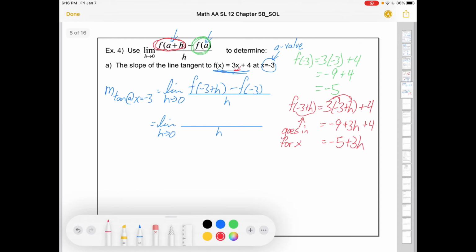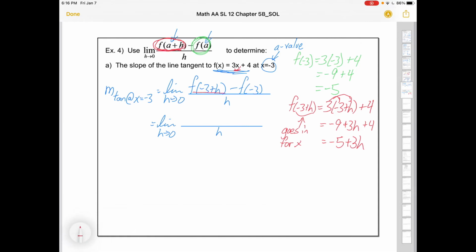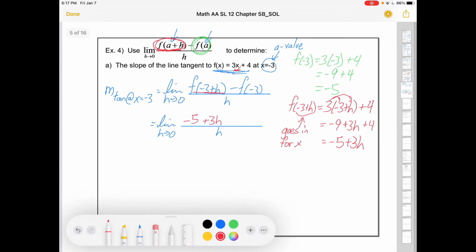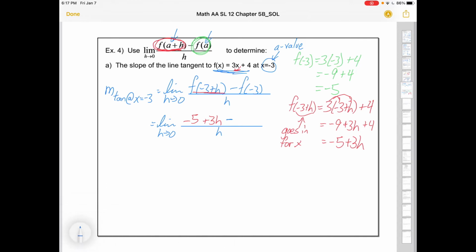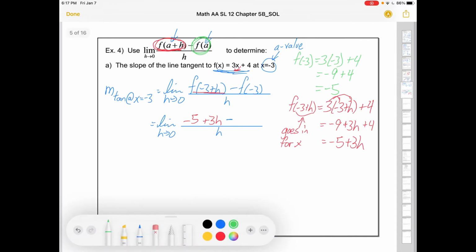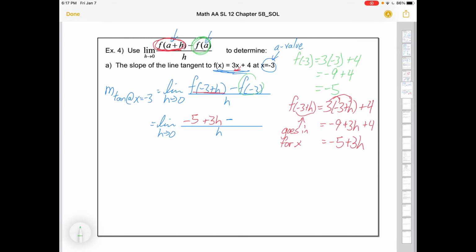So in red, I have this f of negative 3 plus h, so that is negative 5 plus 3h. And then in green, I have this f of negative 3, which is negative 5. Now careful here. It's minus whatever this is, so it's minus negative 5.